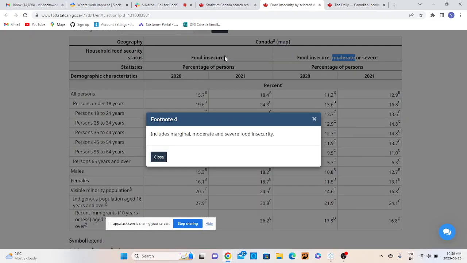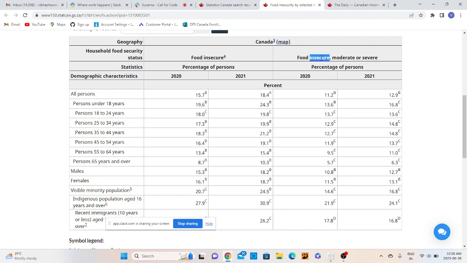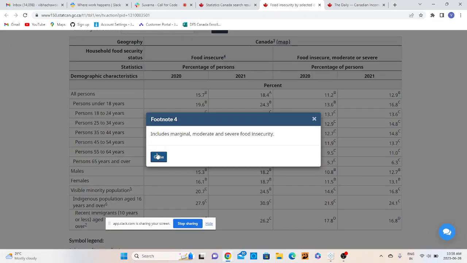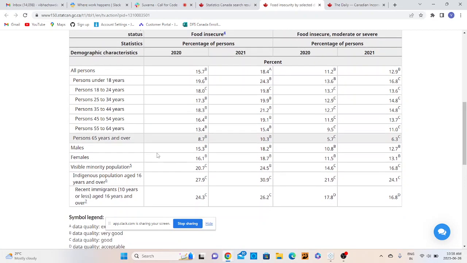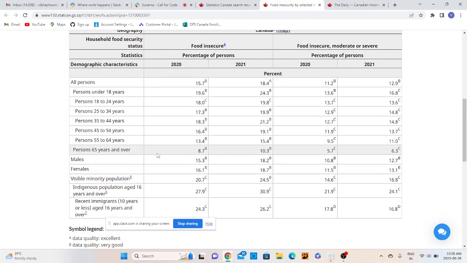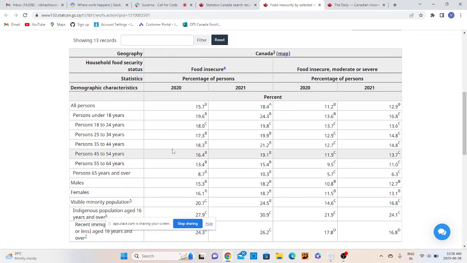Does that mean it will say includes marginal, moderate, and it will say severe things? Moderate or severe? Is the only difference and or? No, I understand, but what does that exactly mean?